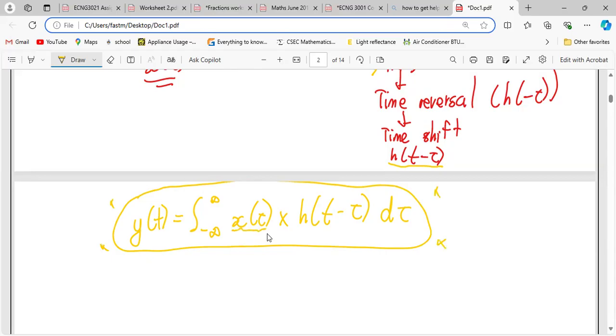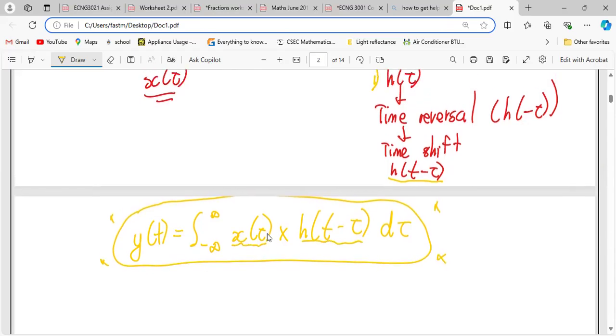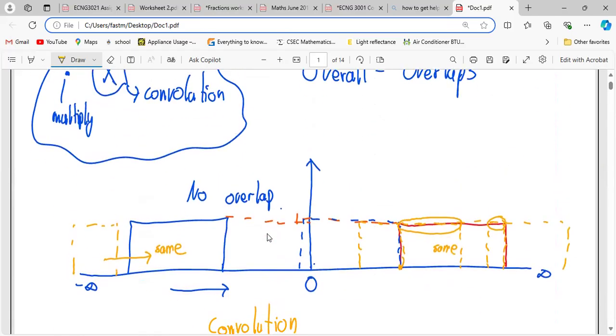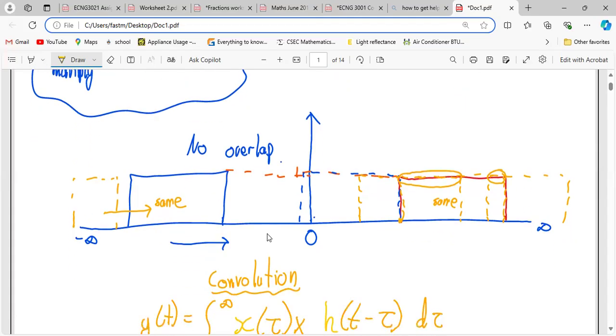The x at tau and the h at t minus tau are just the y-axis values of each function at the overlapping interval. That is all it is. So back to the analogy, when the blue and the yellow overlap, there will be regions where they overlap, and the y-axis value for each shape will be the x at tau and the h at t minus tau. So we just multiply the two of them.